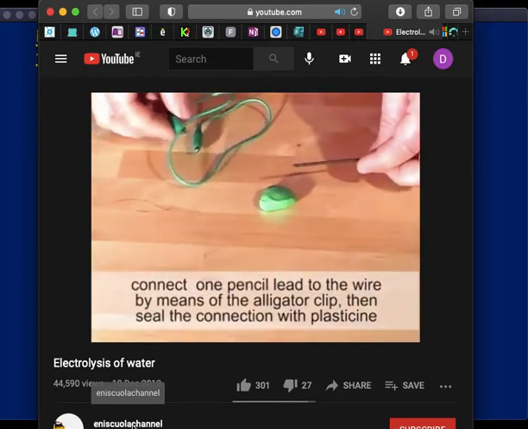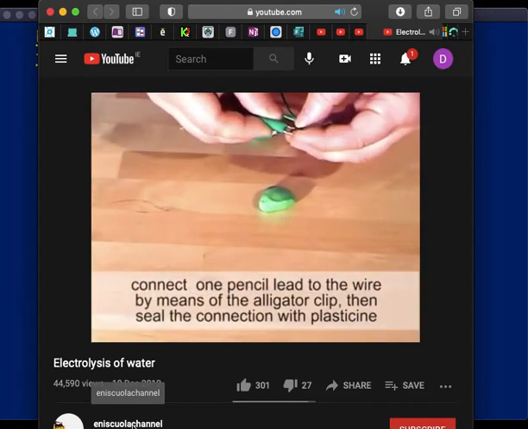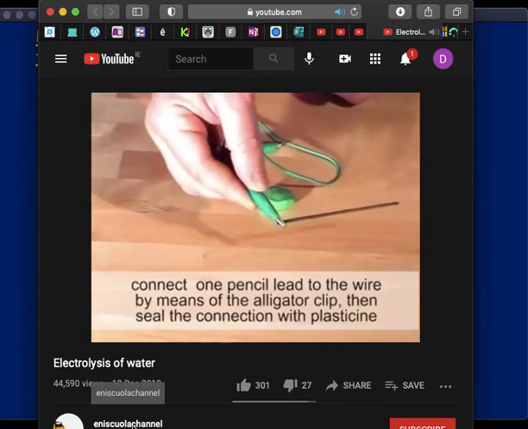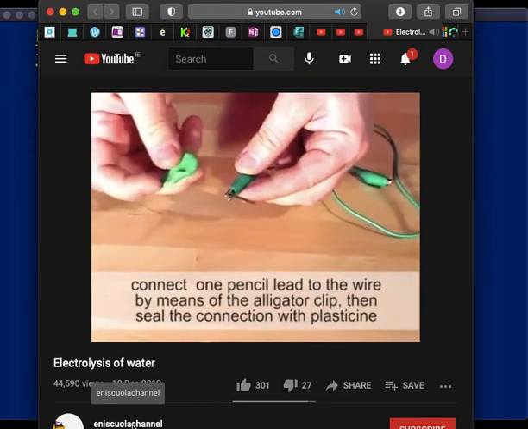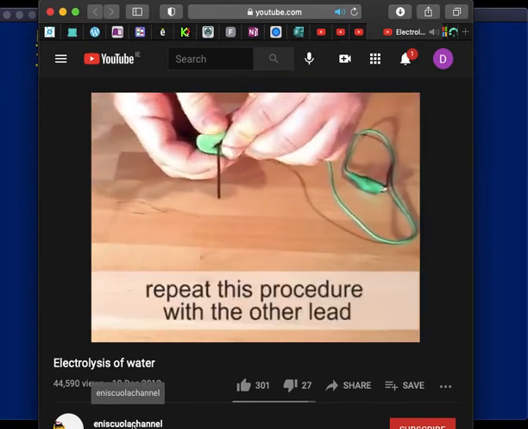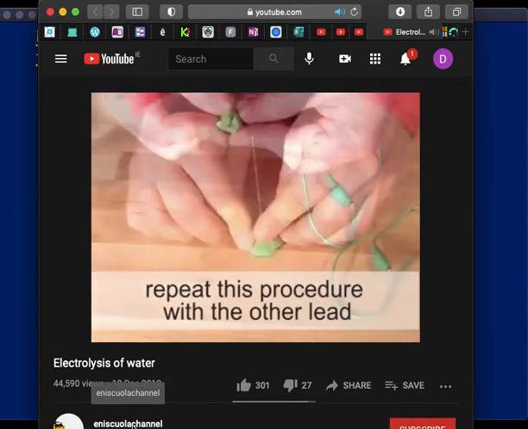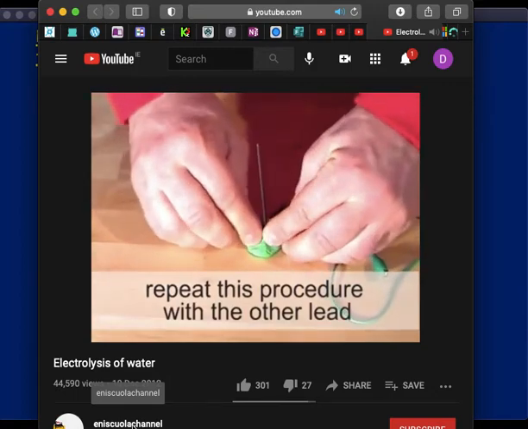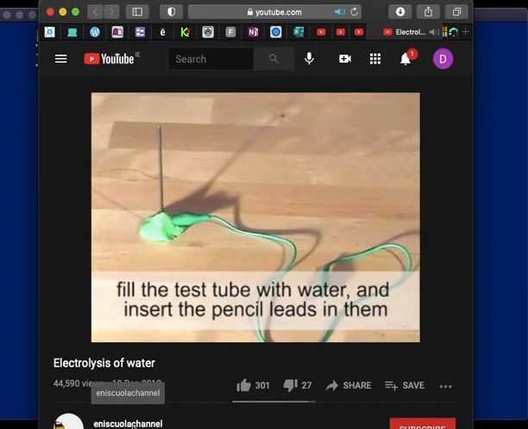Connect 1 pencil lead to the wire by means of the alligator clip. Then seal the connection with plasticine. Repeat this procedure with the other lead. Fill the test tube with water and insert the pencil leads in them.